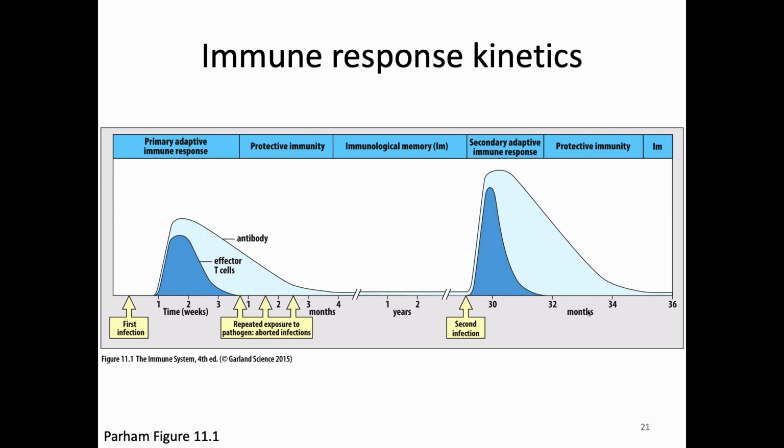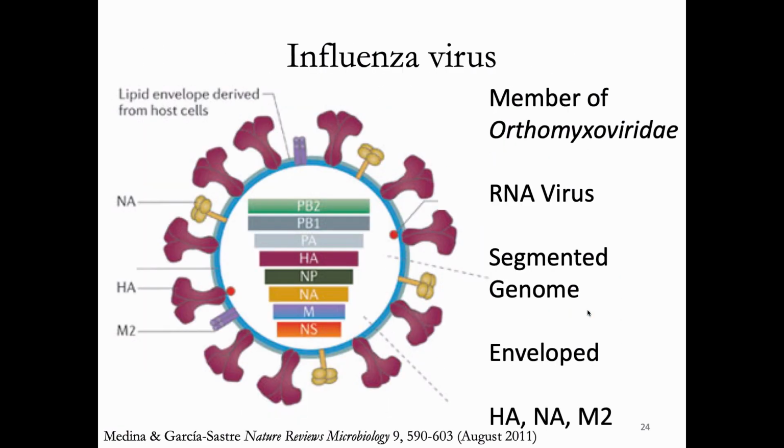I'm going to flip around the order of a couple of these for a second. I'm going to say that it's influenza. It doesn't have to be influenza, but everybody always uses flu for this example, so it's going to be flu. This is flu. There are two big things you need to know about flu for this example.